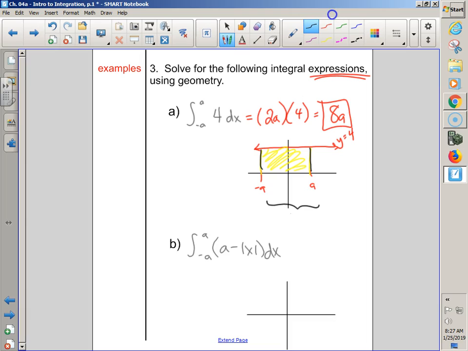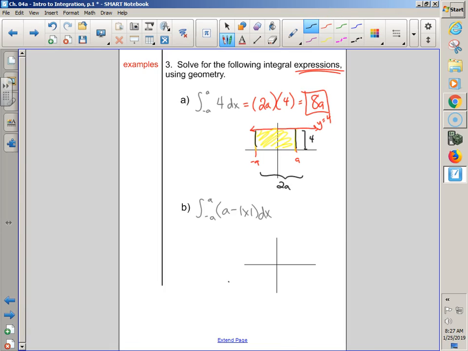Triangle. Good. And you can label that, right? It's what you drew.